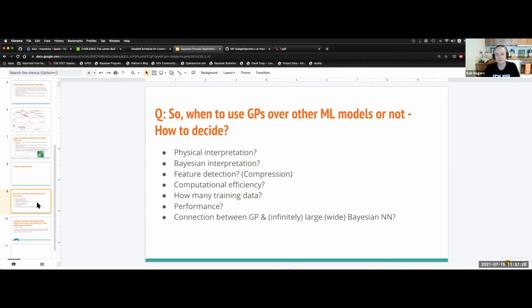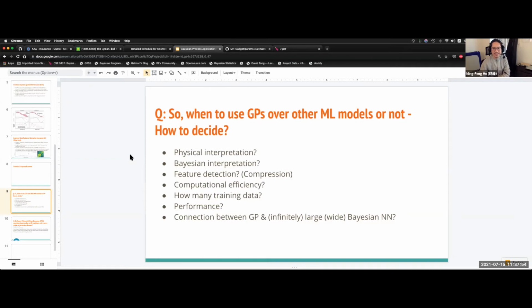Yeah, let's move to the general discussion, and I think Kier or Benjamin put some talking points here. That was me, yeah, Kier. So when to use GPs over other ML models, and how to decide, especially nowadays when a lot of people use neural nets, and that's a question I'm frequently asked, like why didn't you use a neural net.